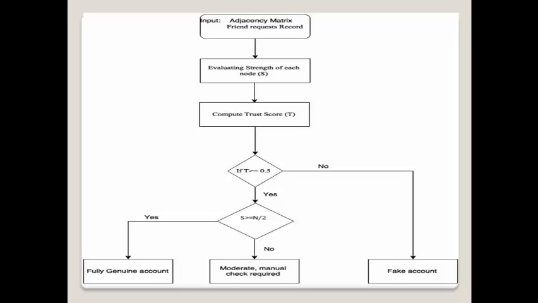After getting this value, we compare the strength of the node. If it is less than half of the nodes, then it's moderate, and if it is greater, then it's a fully genuine account. What happens in a moderate account? We label this account as moderate, and the user has to check whether he knows this user or not.